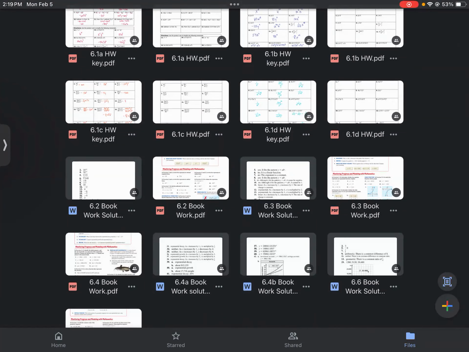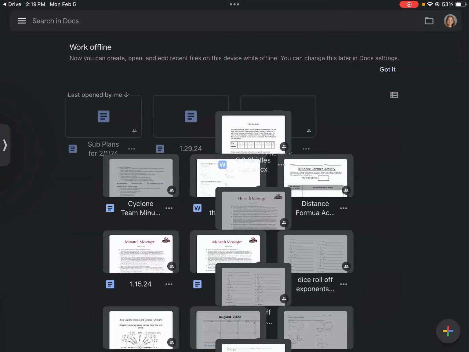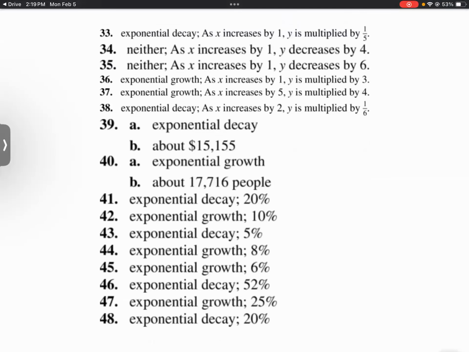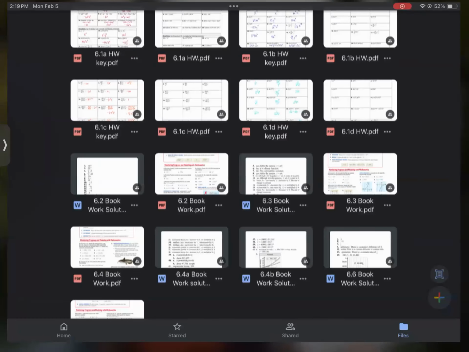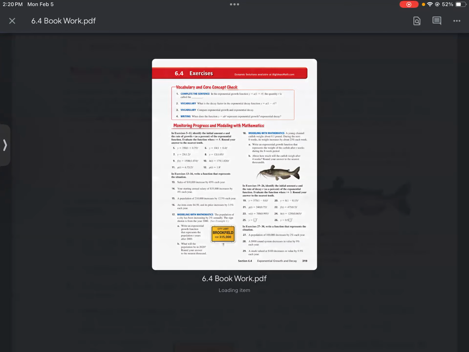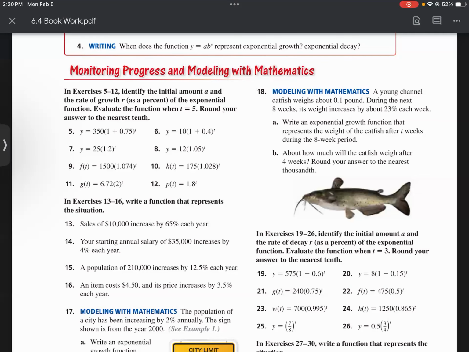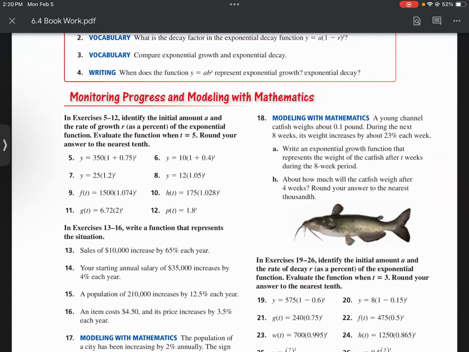Is this 6.4? Look, you guys, this is the homework answers. Who has their gold sheet handy? It's page 319.